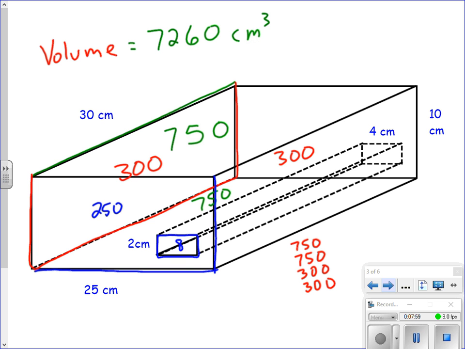So we've already figured that out before. That's 242 on the front and back. So I'm going to write 242 in there instead.